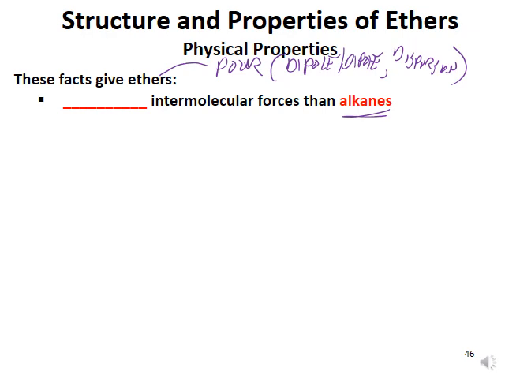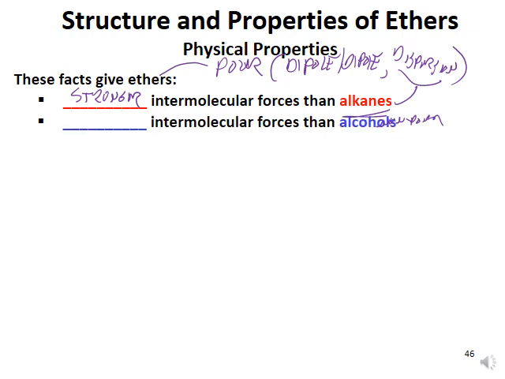So ethers have stronger intermolecular forces than nonpolar alkanes, which only have dispersion forces. But because alcohols have H bonding IMFs, ethers have weaker intermolecular forces than alcohols, right?